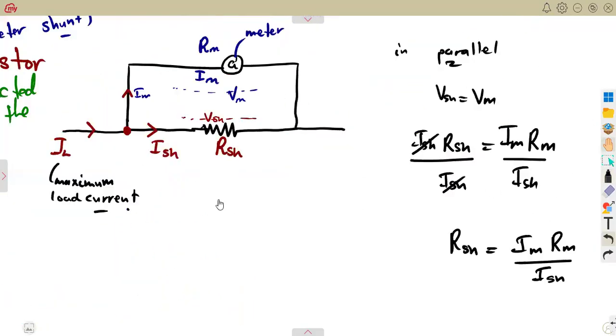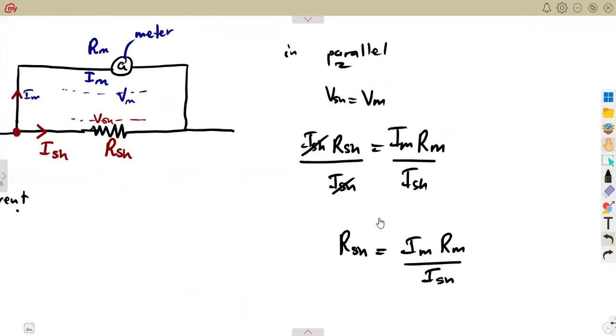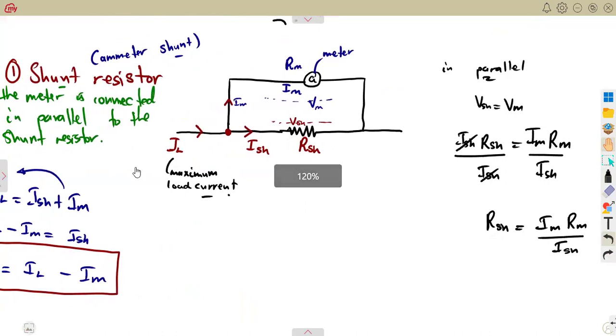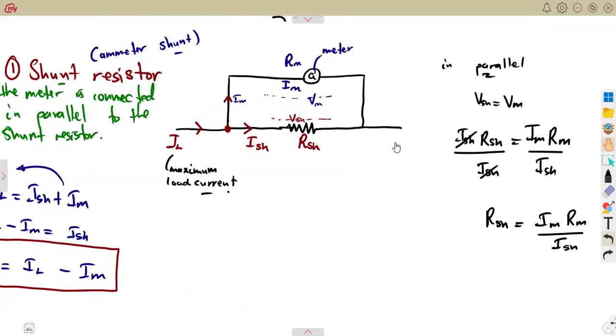That is how you're going to have the shunt resistance at the end. So that's an ammeter shunt where you calculate the shunt resistor.